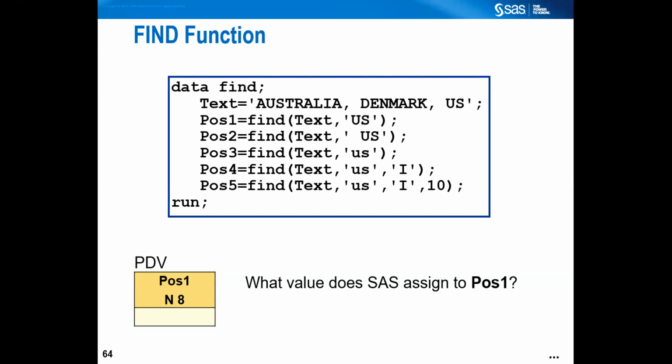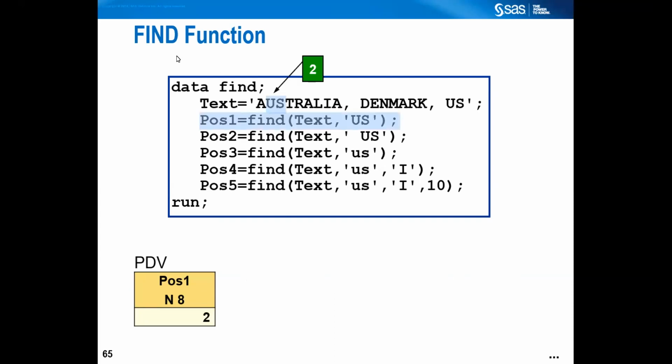What value does SAS assign to position 1 if you write find text comma US? What do you think it will return as the position for this US? What position will it return? Yes, Australia, 2. Okay. 2. Yes.